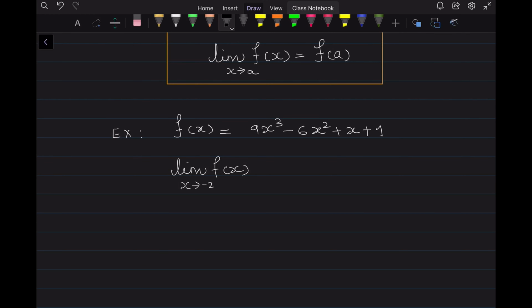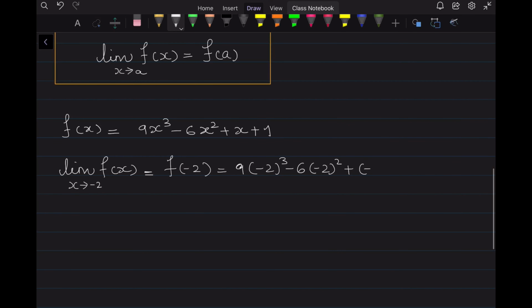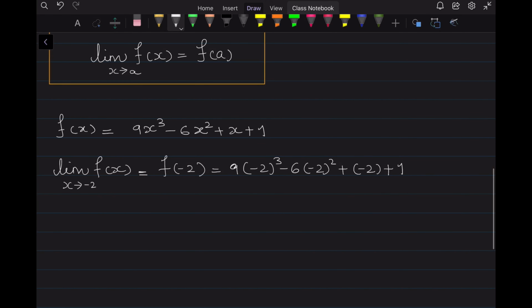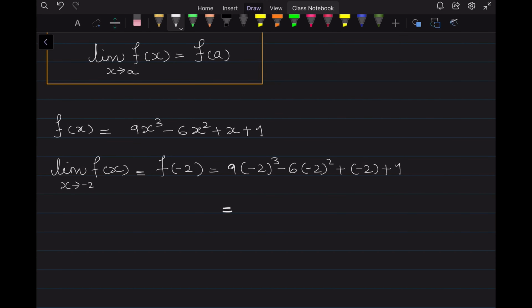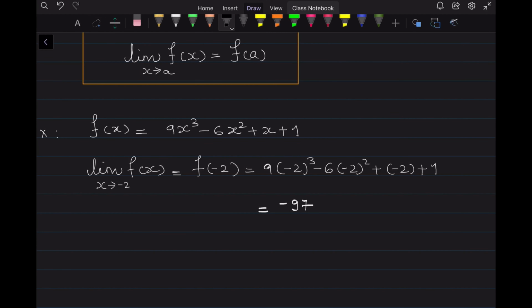That is, by directly substituting x is equal to minus 2 in this expression, which is the same as determining the value of this function at x is equal to minus 2, and which will be 9 times (minus 2) cubed minus 6 times (minus 2) squared plus (minus 2) plus 1, and which on simplification will give us minus 97. So we have determined the limit of this polynomial function as x approaches minus 2 without using the limit laws, just by applying the direct substitution property.